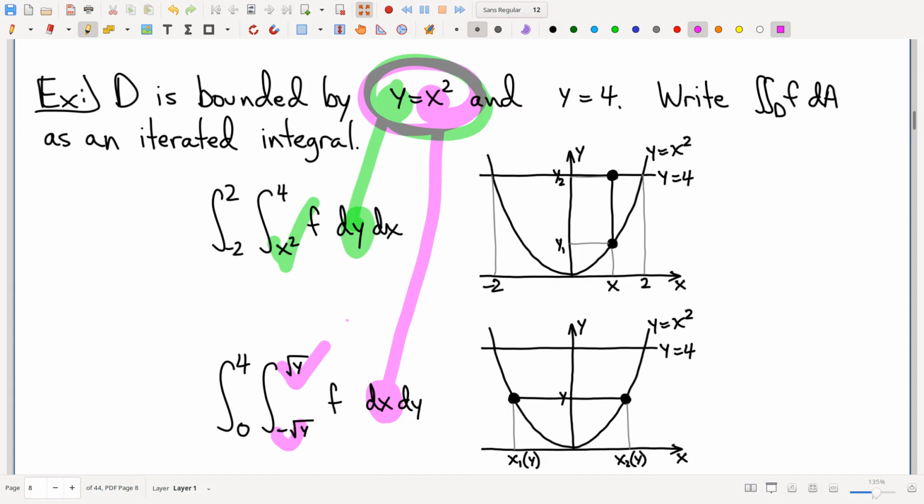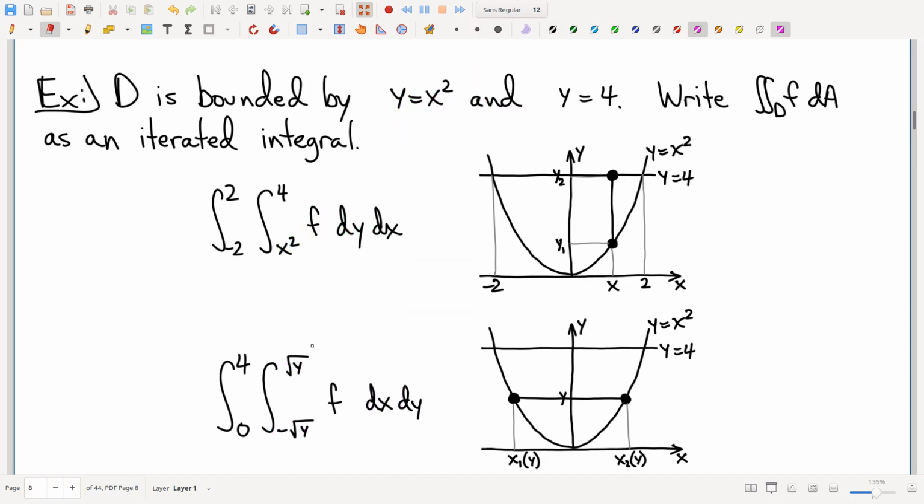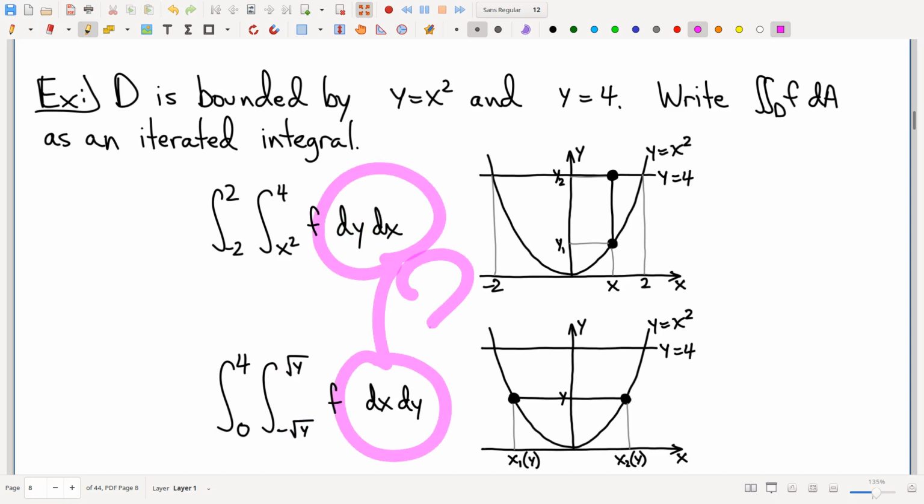So when you're trying to decide which order to use for the differentials, look at the algebra of your curves. Ask yourself very simply, within these equations, which variable would I rather solve for? Which variable is going to give me a function that's easier to deal with in an eventual integral?